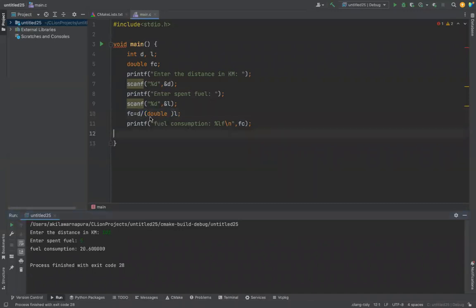So likewise, if you want, you can put the double to both sides, that means D and L. Both sides you convert to the double and do the floating point division. So 103 and 5 is again 20.6. It is not required to put all the sides as double.